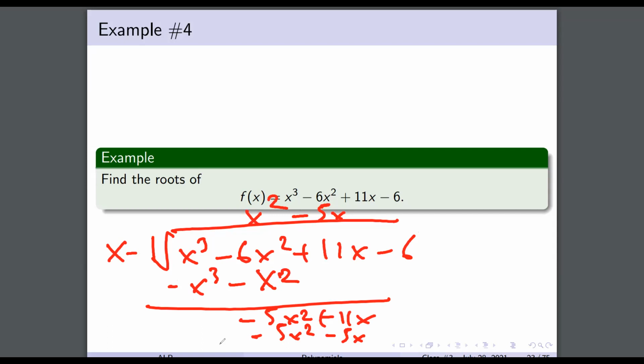Then 6x minus 6. Oh, yeah, so it would be plus 5 in the quotient, then we get 6x minus 6. So then we would just add 6. Right. So this is our quotient, and our remainder is 0.